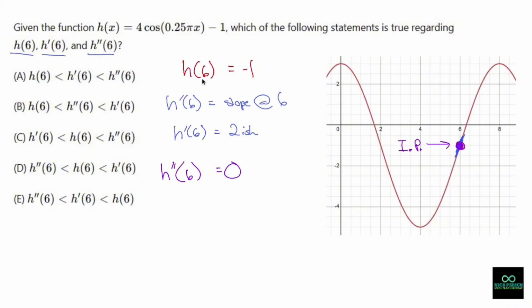So I have h of 6 is definitely negative, h prime of 6 is definitely positive, and h double prime of 6 is 0. So the smallest of these is h of 6, and then right in the middle is h double prime of 6, and then after that is h prime of 6, which is going to be B.